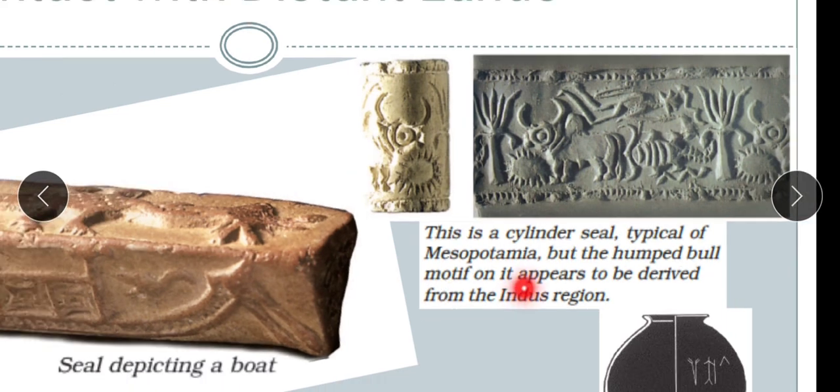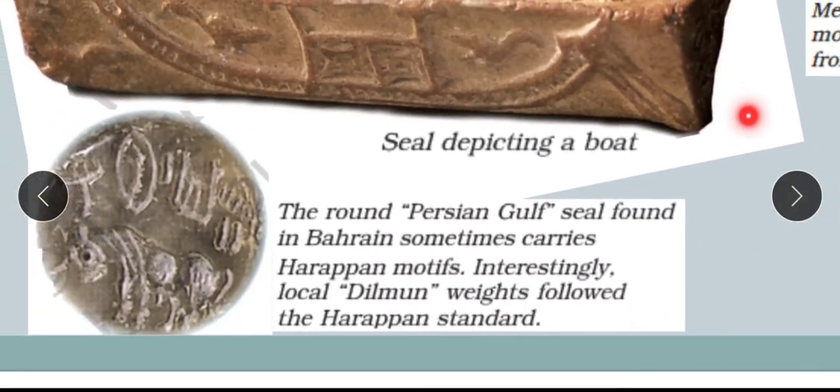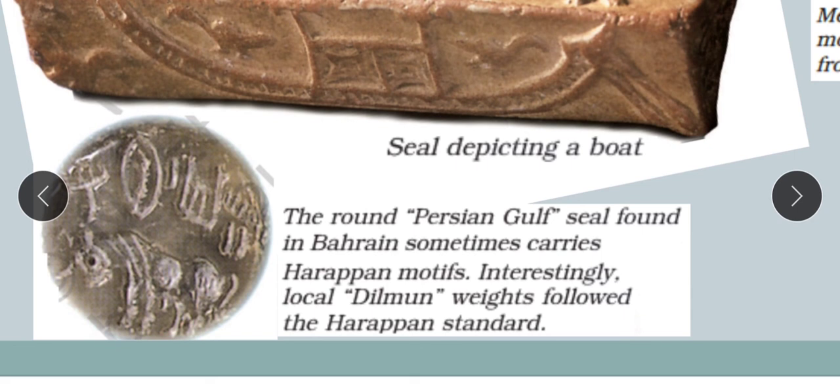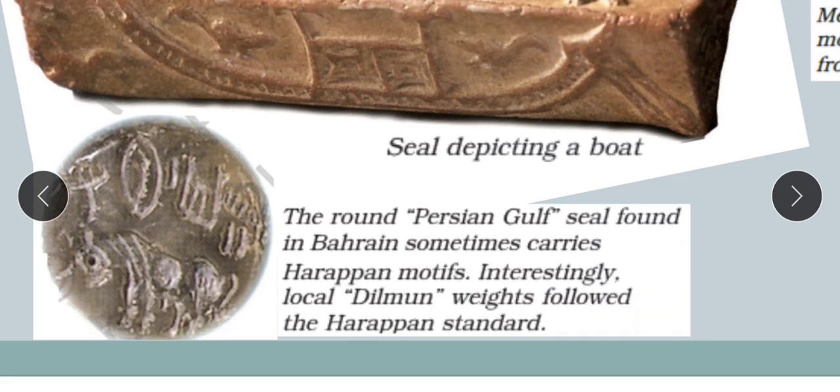Then these seals. Then there was also the round Persian Gulf seal. इसके बीच में भी हम लोग को this was found at Bahrain, which carries Harappan motifs. The weights also which were followed in Dilmun region were all derived from the Harappan standard. They also followed the Harappan standard.